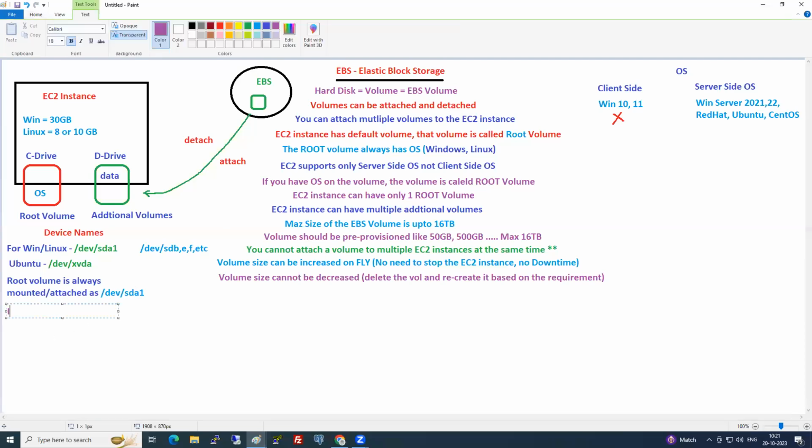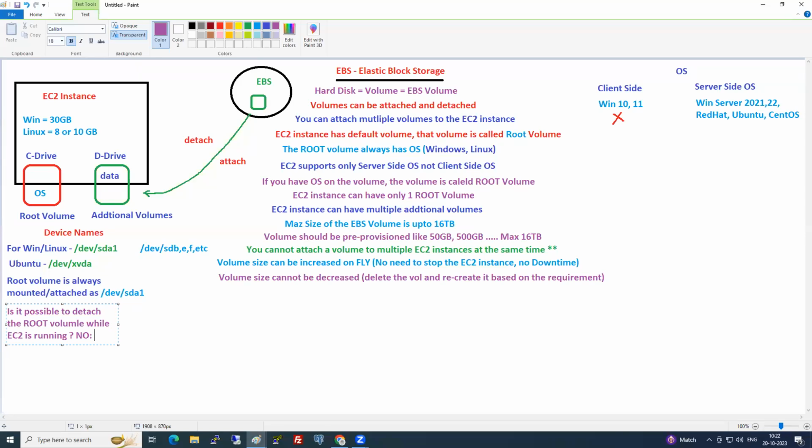So here I'm writing: is it possible to detach the root volume while EC2 is running? The answer is no. What do you need to do if you want to detach the root volume?